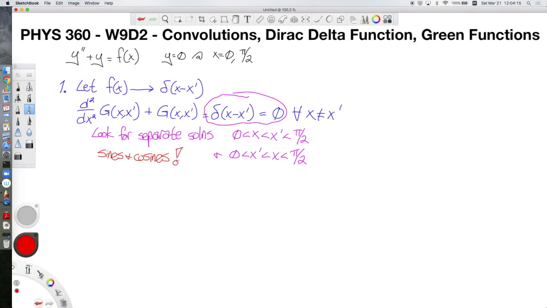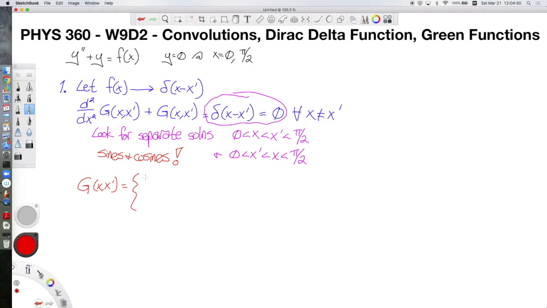So we can write down a general form of our solution for G of x and x prime. When x is less than x prime, we need our function to be 0 at x equals 0. If we need y to be 0 at x equals 0, we're going to need G of x, x prime to be 0 at x equals 0 as well. And that happens when we have sine, because sine of 0 is 0.